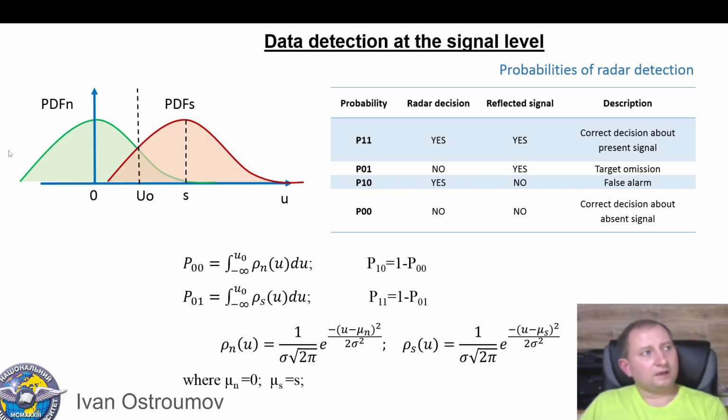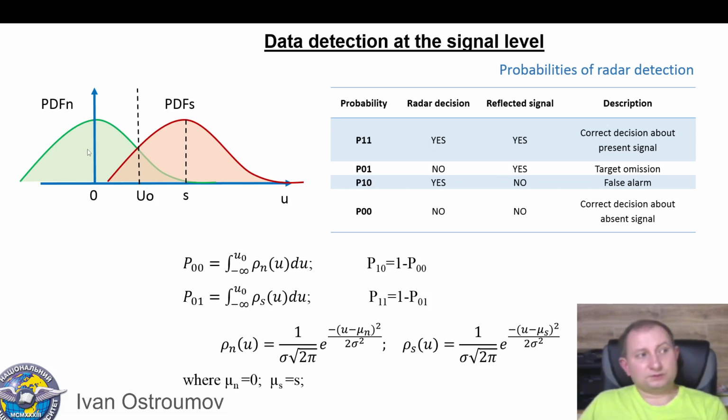As you can see from this picture, from the geometry of two probability density functions, these are usually called the probability density function of signal absence and the probability density function of signal presence.